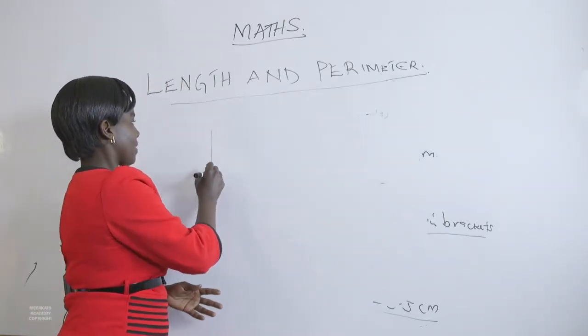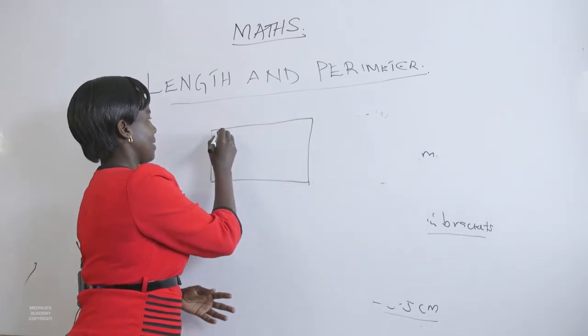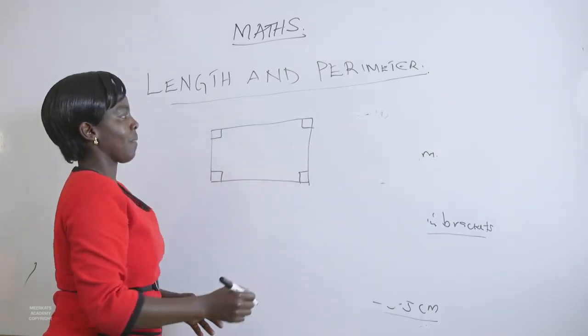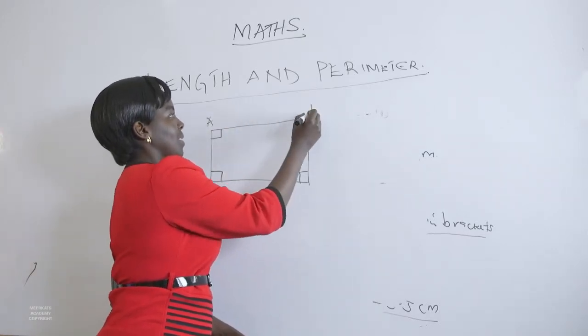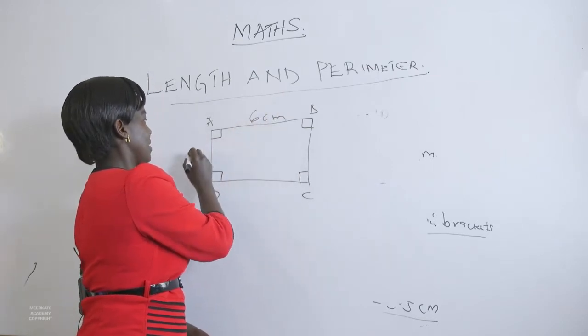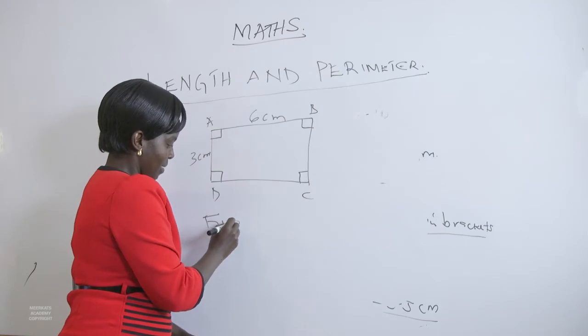If we are given a figure like this, and we are told this is point A, this is point B, C, and D. This is 6 centimeters, and this is 3 centimeters. We are told to find the perimeter.